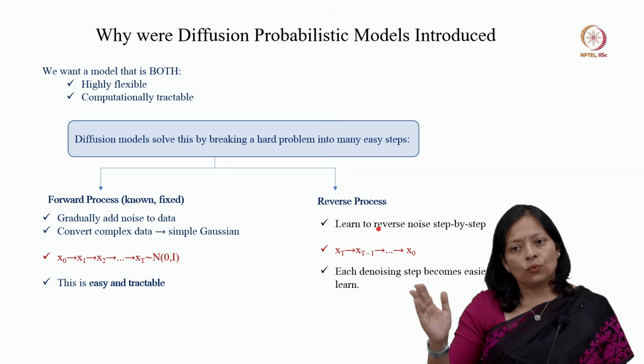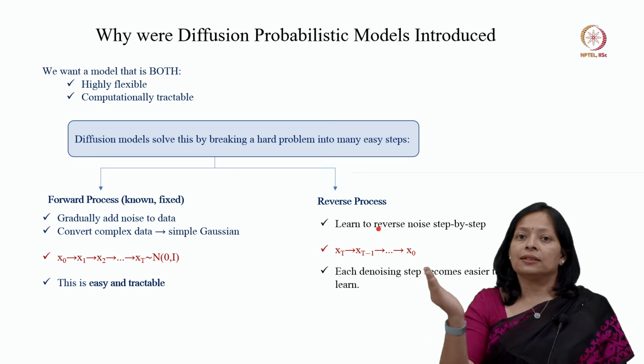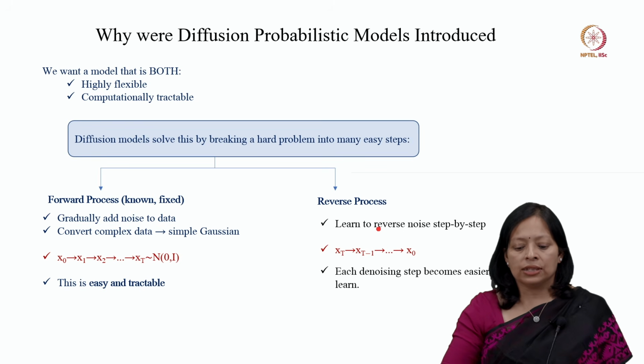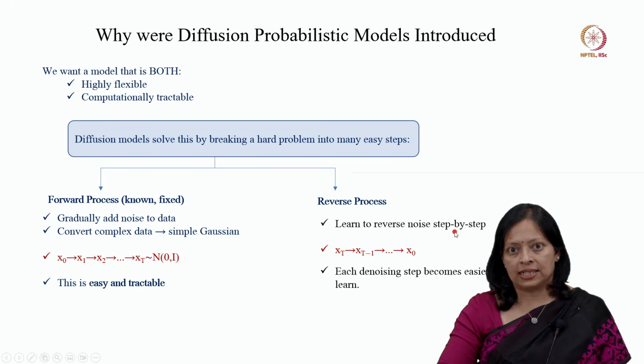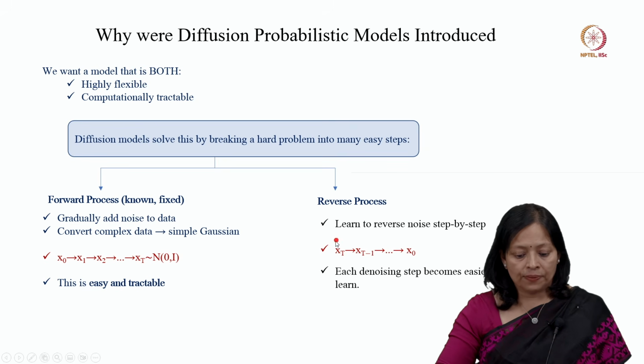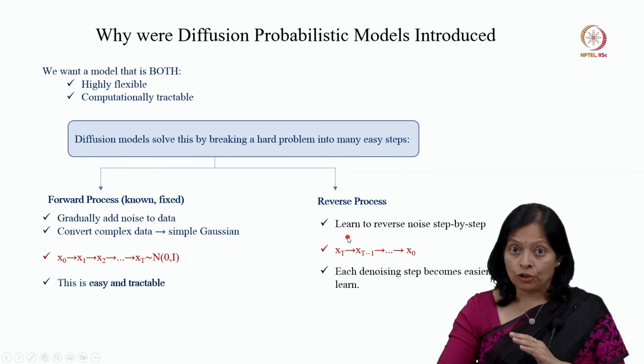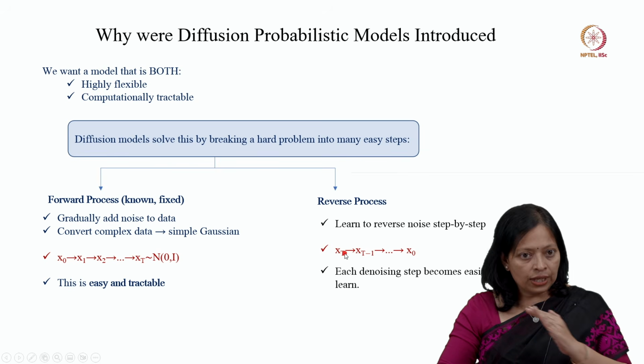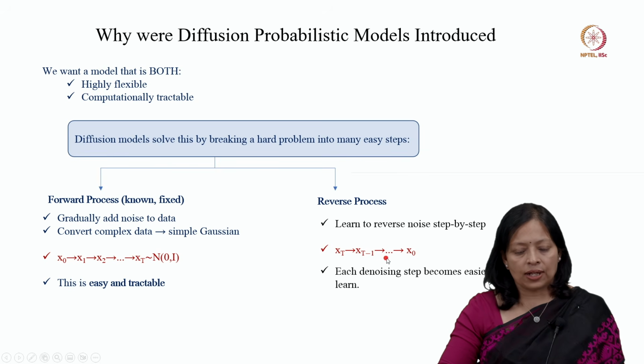Then the reverse process happens, where you learn to reverse the noise step by step. In that case you start from the last one, xT, which is the complete noise, and keep going in the reverse direction, xT minus 1, xT minus 2, till you go back to x0, which is your original image data.